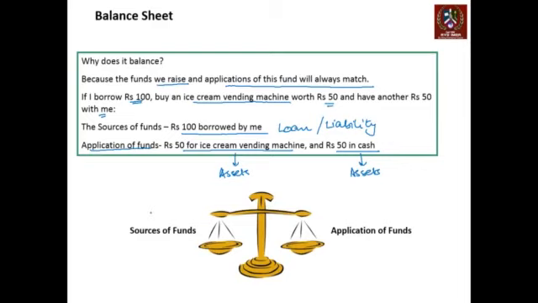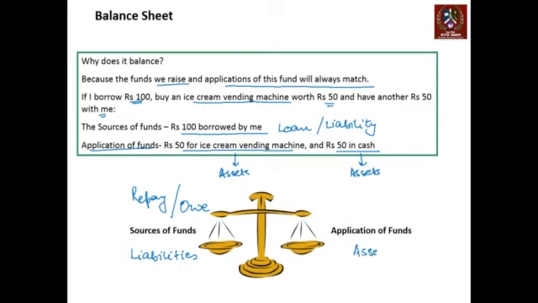Typically, the sources of these funds, because people have given us this money and we are supposed to repay this money, are also known as liabilities, or in other words, what we owe to people. The application of funds is essentially going to buy me some business-generating assets, right?